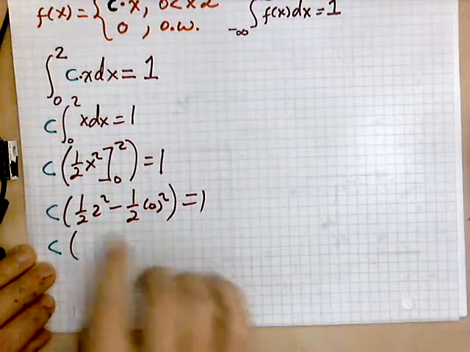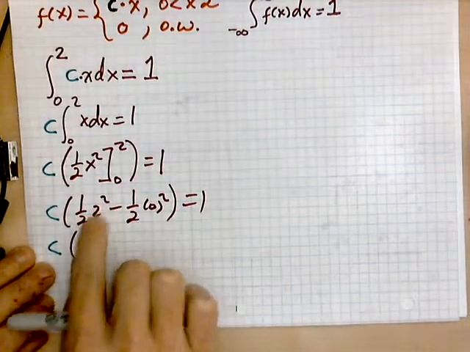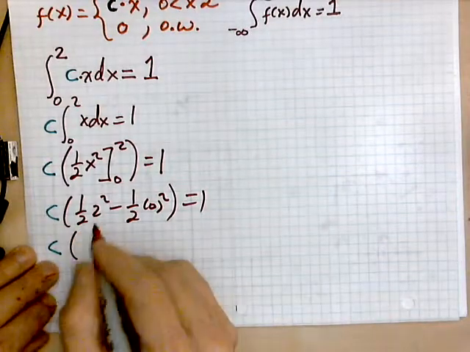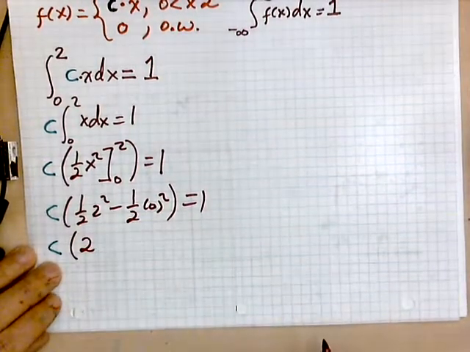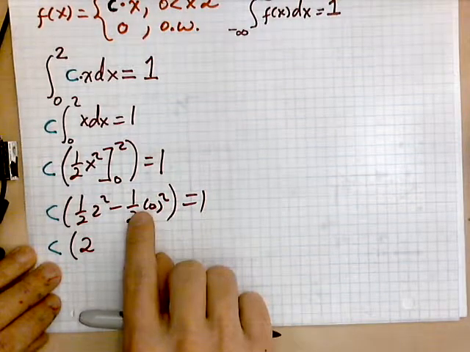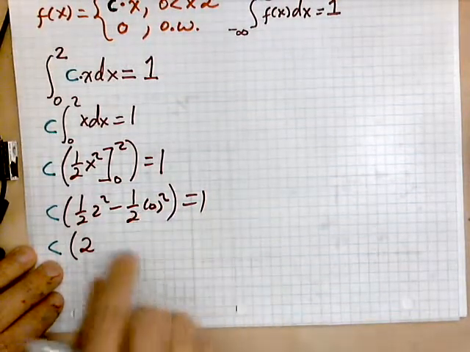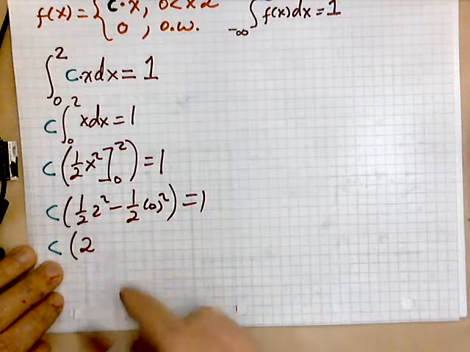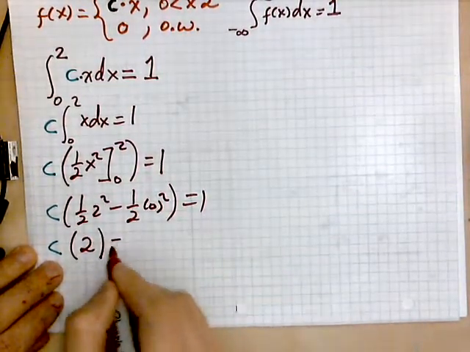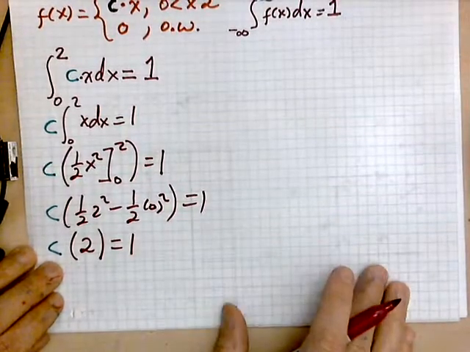Okay, and then you've got here 1/2 of 2 squared. Well, 2 squared is 4. 4 divided by 2 is 2. So that's how you get that 2 that I've just written. 0 squared is 0. 0 times the negative 1/2 is still 0. So from the parentheses here, all that remains is the positive 2. And all of this still equals 1.